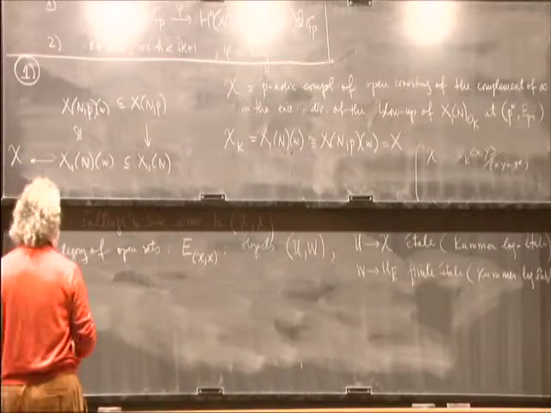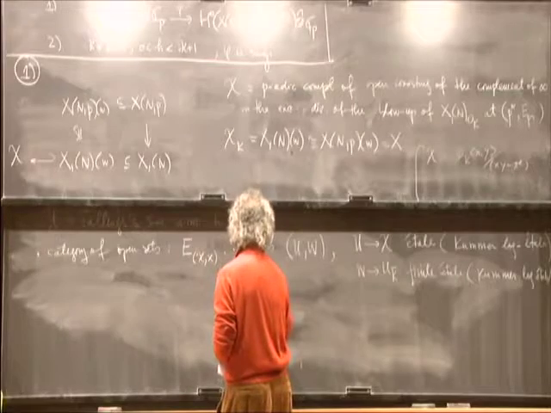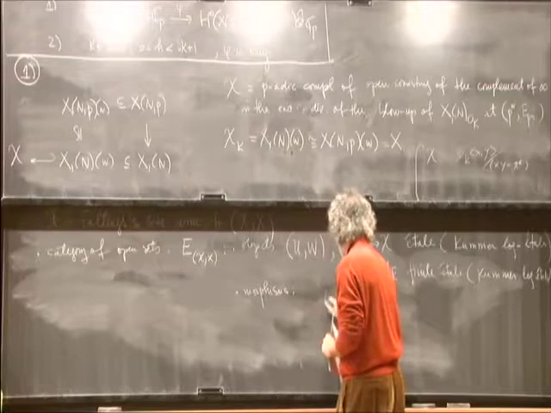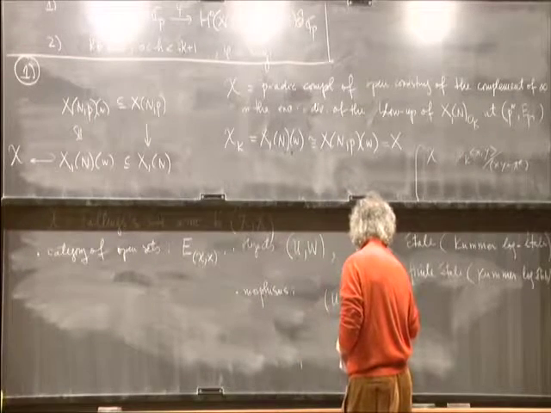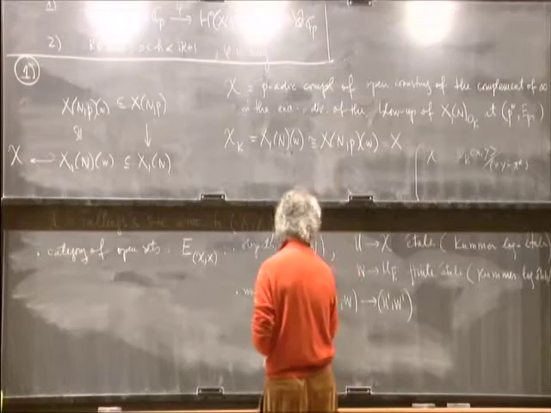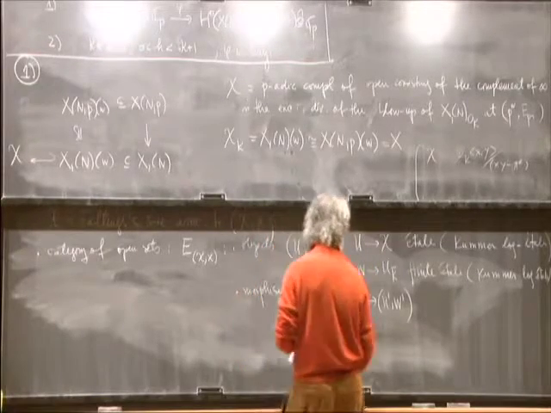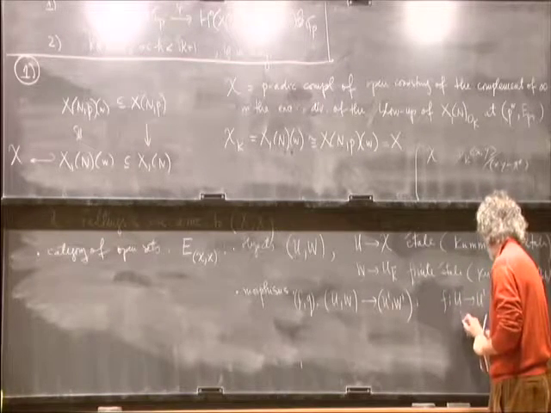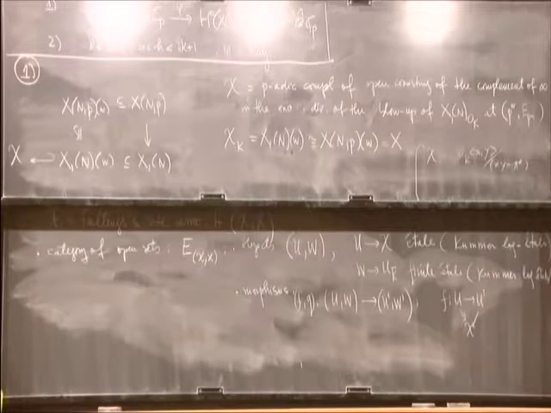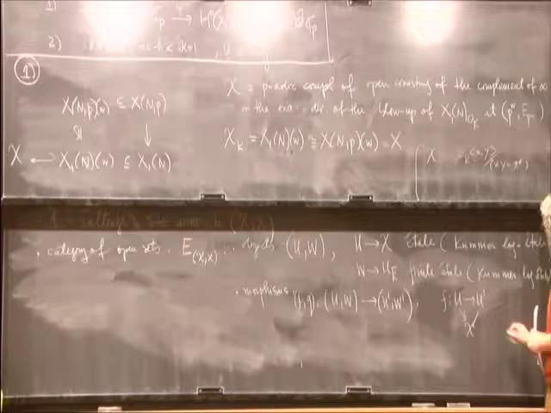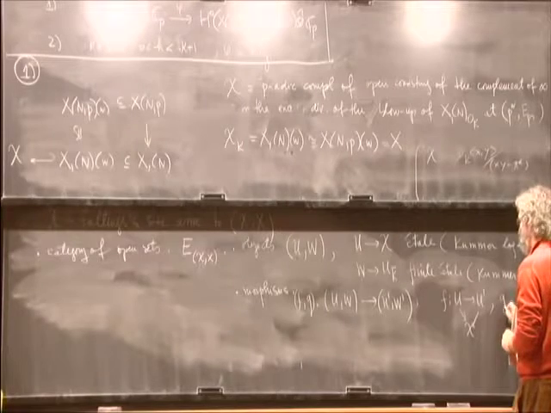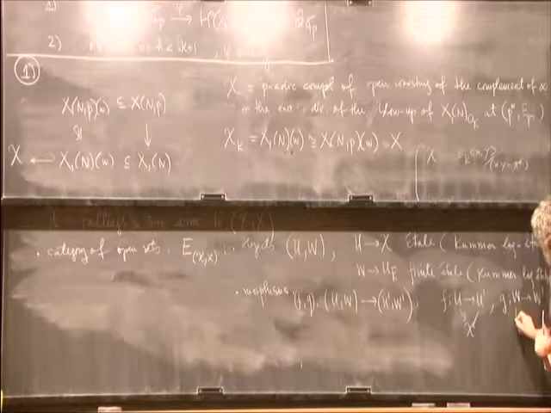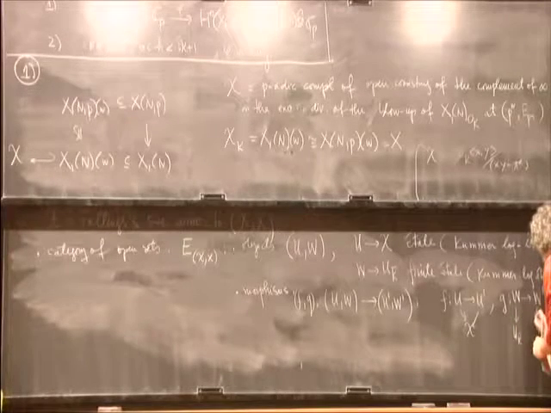Right. So then the morphisms in this category. If you have (U, W) and (U', W'), a morphism is a pair (f, g), where f is a map from U to U' defined over X, and g is a morphism from W to W', such that the following diagram commutes.